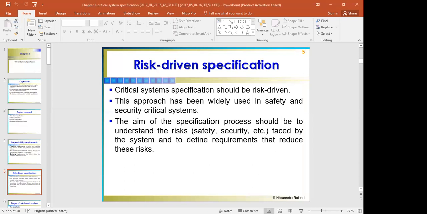This approach has been widely used in safety and security critical systems. Remember the aim of the process should be to understand the risks faced by the system. So once you understand the risks, then you're going to define the requirements that reduce the risks. It's what they talk about also in the textbook. They say risk-based specification is an approach that has been widely used by safety and security critical systems developers.